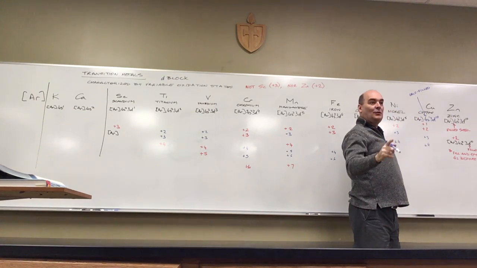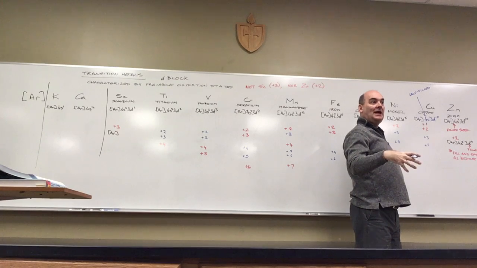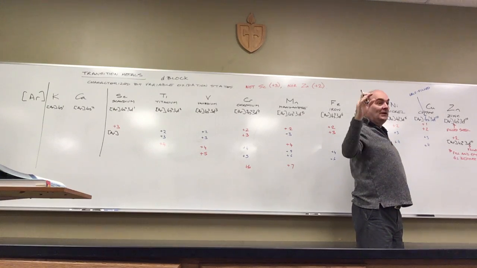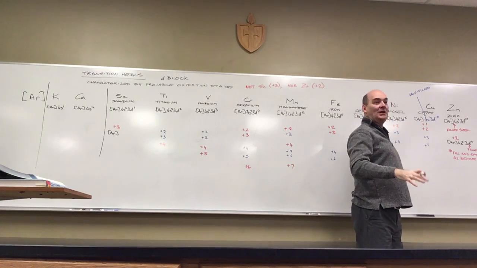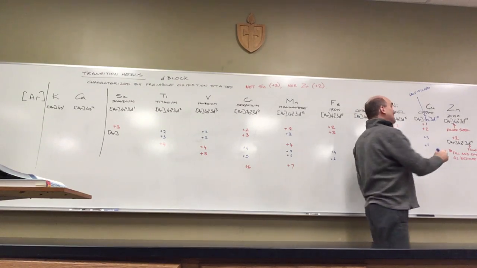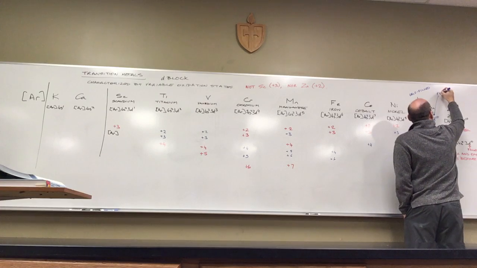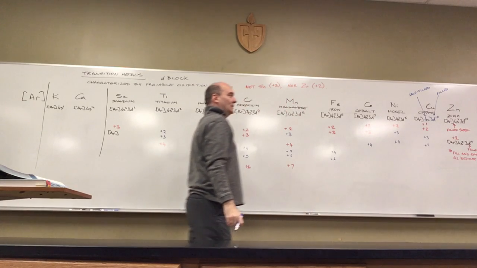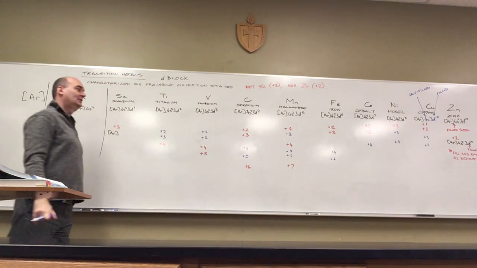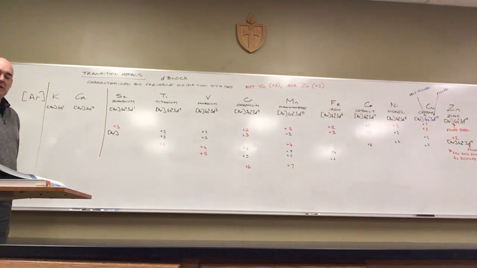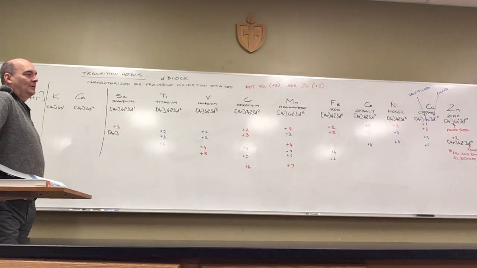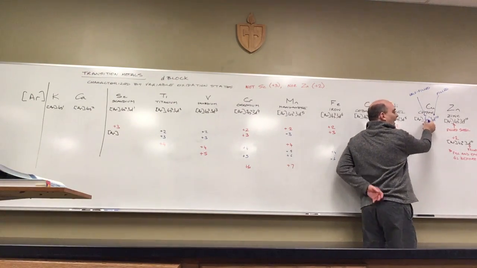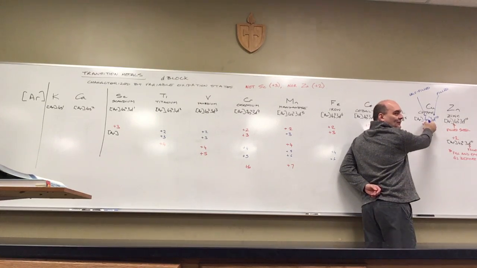Half-filled shells are more stable than just partly filled shells. Partly filled shells are the worst. Filled shells and half-filled shells, or empty shells, are better. So I've stolen an electron. I've just hybridized it out of the 4s2 into the 3d9 to make it 4s1 3d10. That now means, for the first time, I could lose just that one electron.